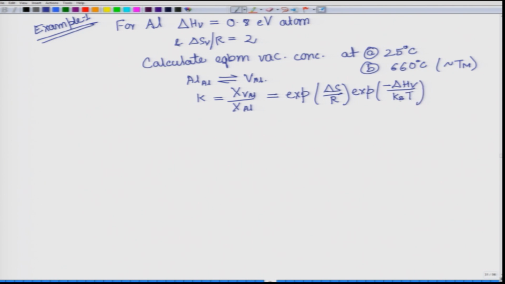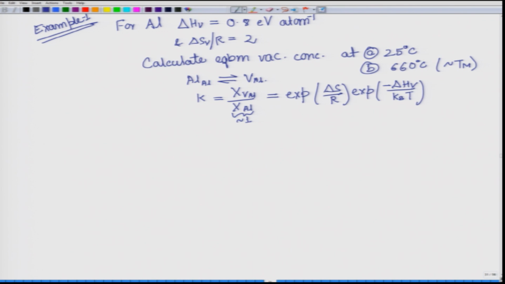Here we are using k because delta HV is given in electron volt per atom. So, now this is the equation, and assuming that this is the dominating defect and the defect concentration is small, the first approximation is that we can take x AL approximately equal to 1.